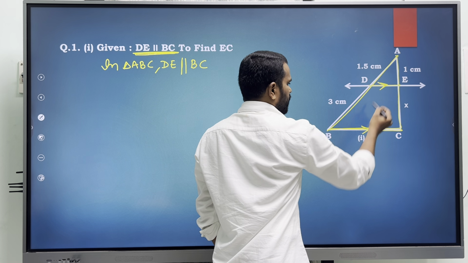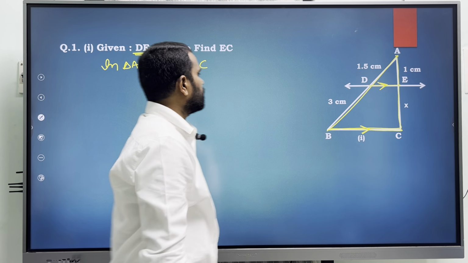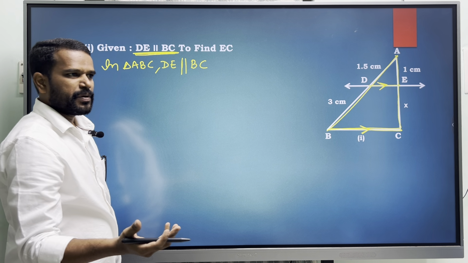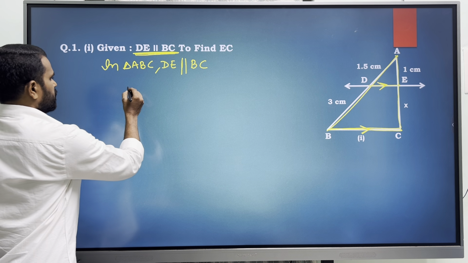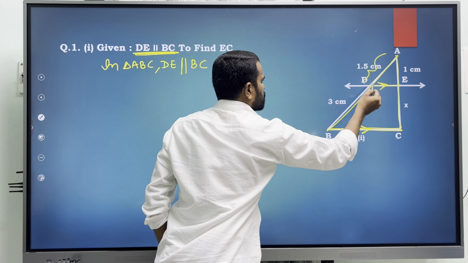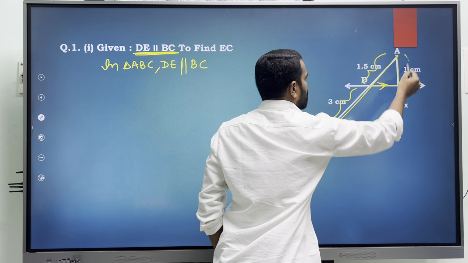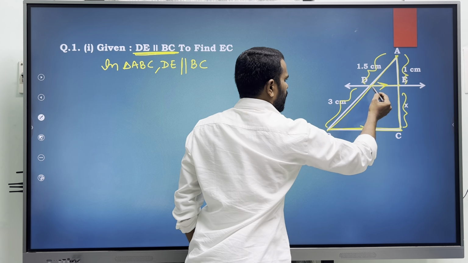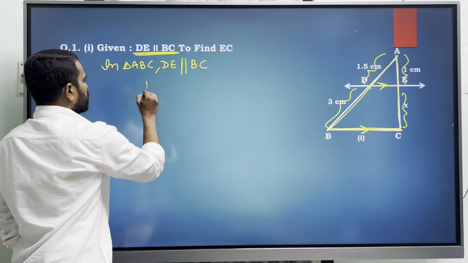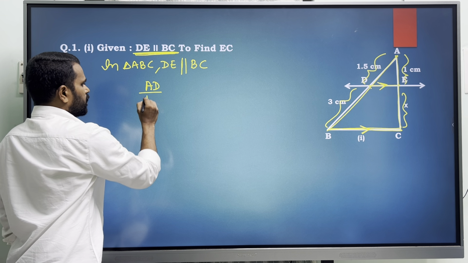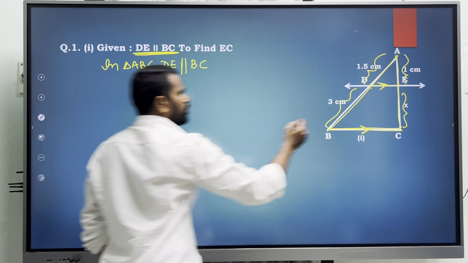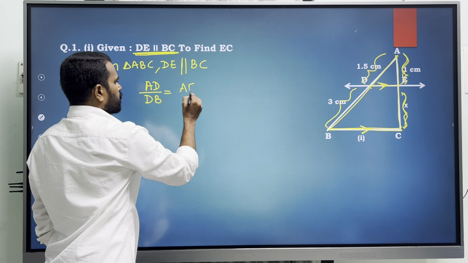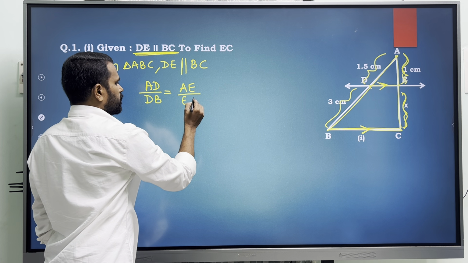So this arrow, if I show this arrow, this means it is parallel. Okay, if they are parallel, then what is the BPT, basic proportionality theorem? The sides will be in the same ratio, that is AD by DB is equals to AE by EC.